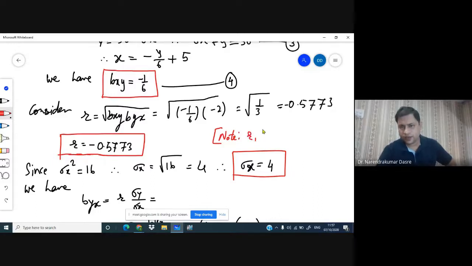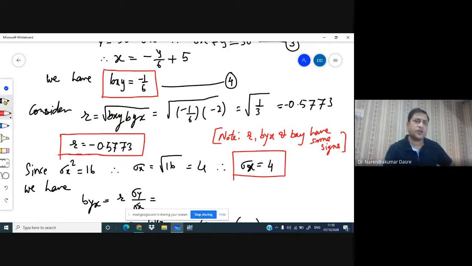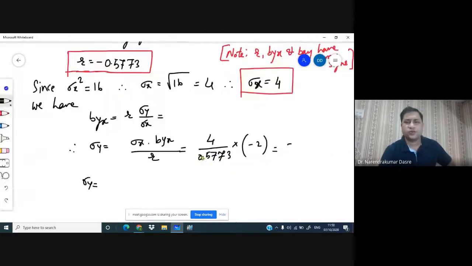Note that r, byx and bxy have the same signs. So that's why r is negative. Here we have minus upon minus, which will become plus.